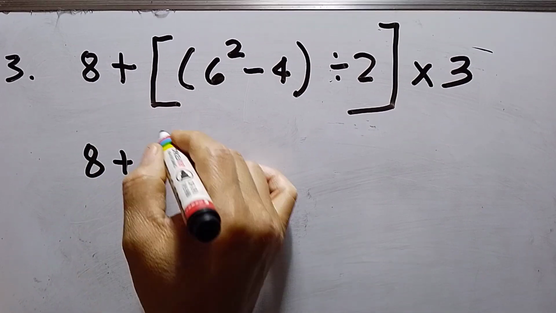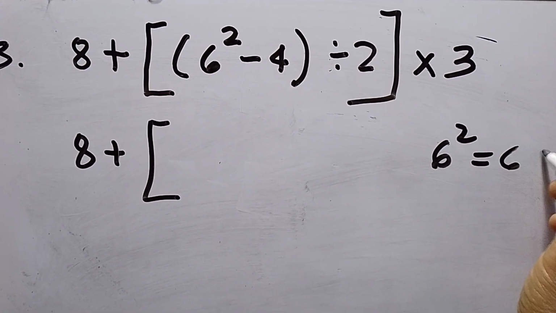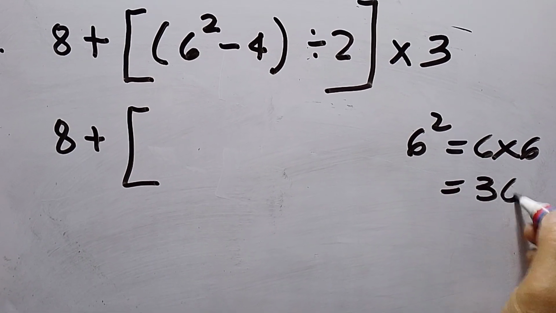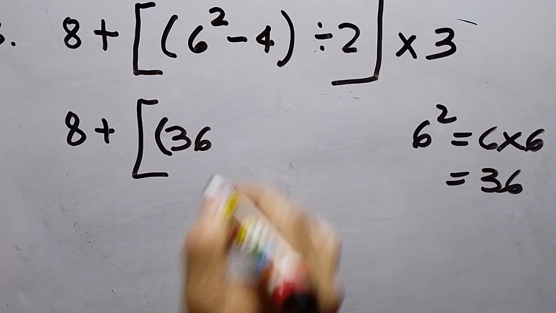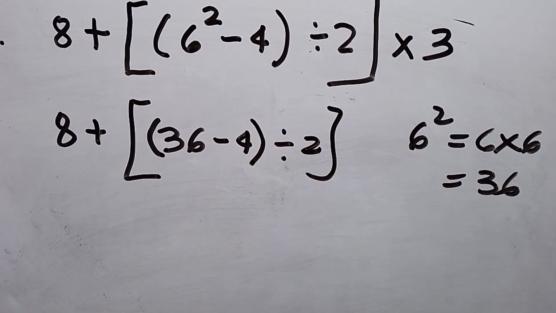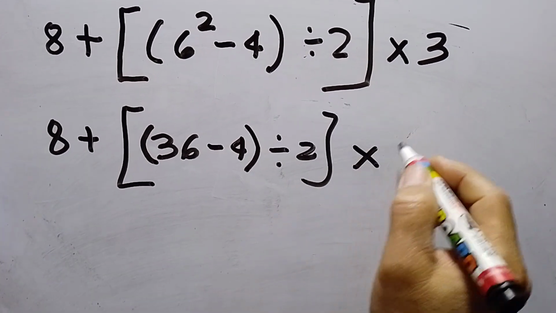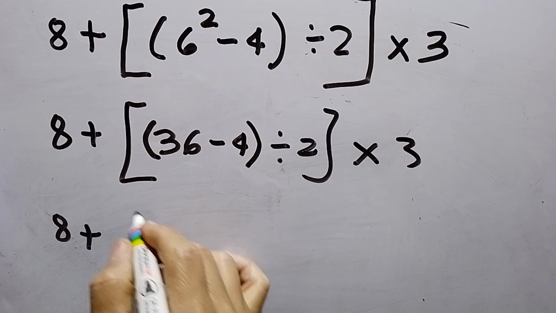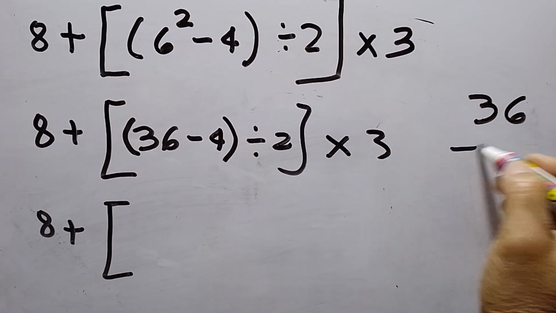So 8 plus, what is 6 squared? 6 times 6 is equal to 36. So this is 36. There is a round brackets. Minus 4 is divided by 2, times 3.